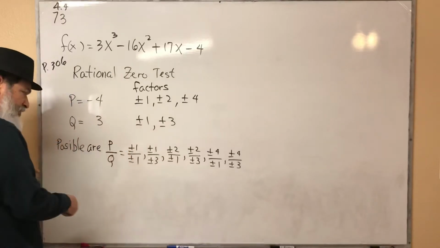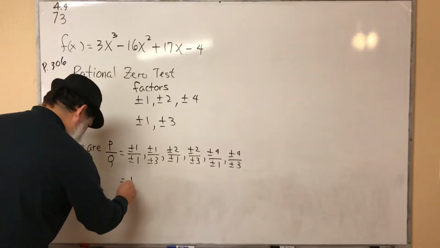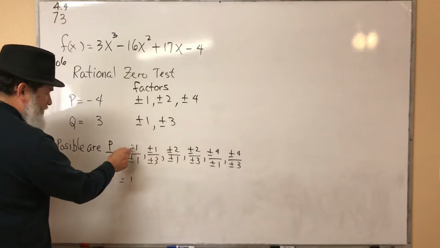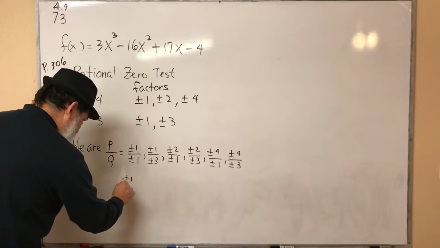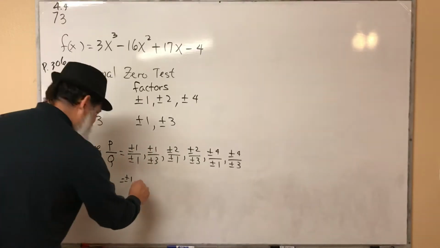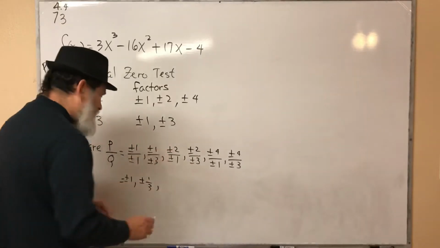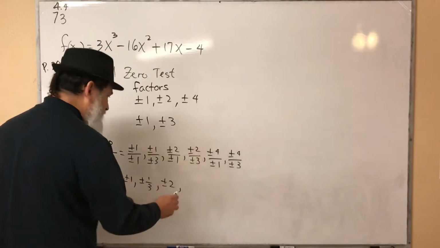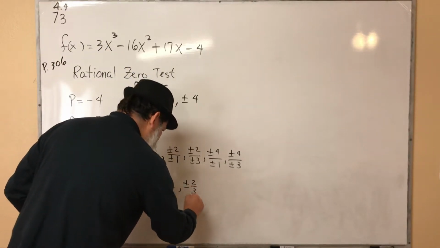From this one, 1 divided by 1 is 1, or negative 1, because 1 divided by negative 1 is negative 1. So here we get plus minus 1. From this one we get plus minus 1/3. From this one we get plus minus 2. From this one we get plus minus 2/3.